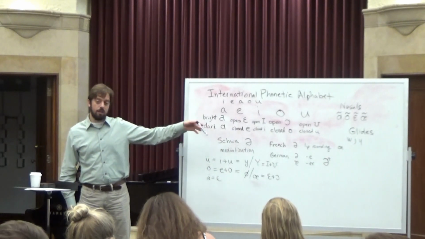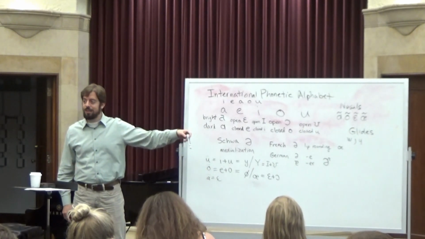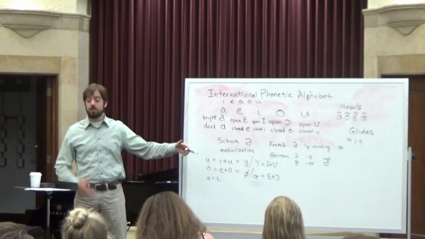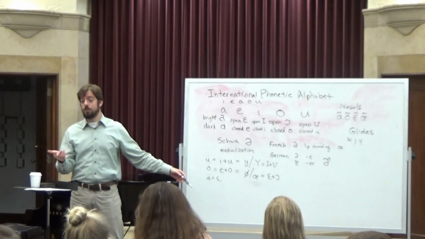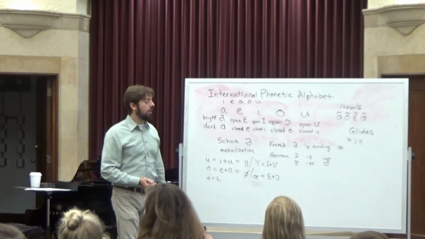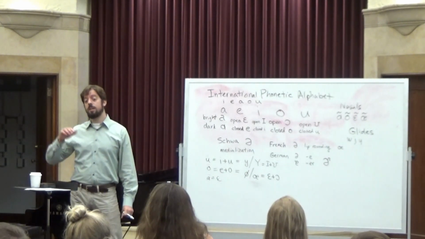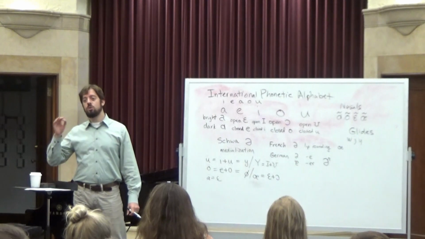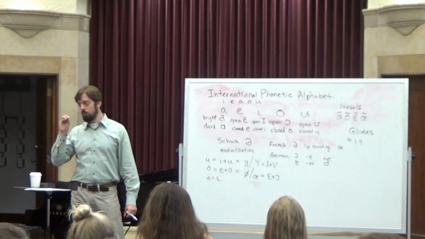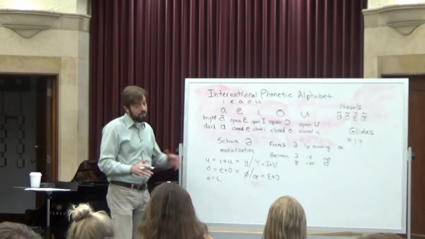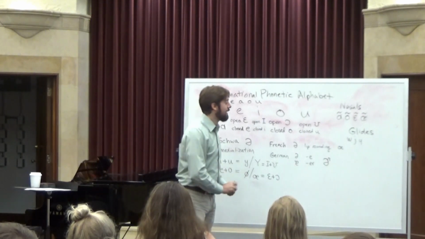So we already have an E sound that's turned into a glide and a U sound that's turned into a glide. Now we take the U sound and turn that into a glide. So in French, this comes up: nuit. You don't say nuit and you don't say ni. You say nuit. You start from a mixed vowel class. Nuit.